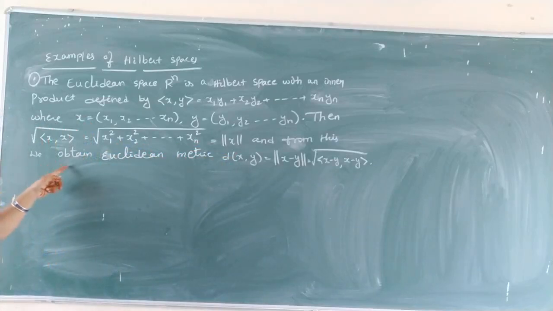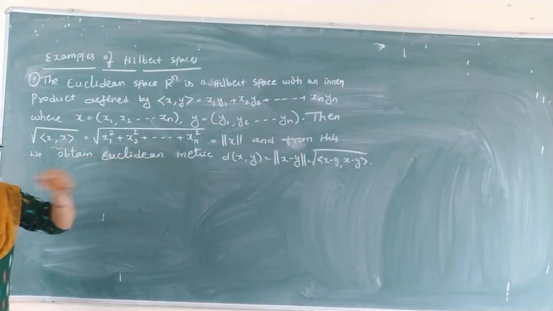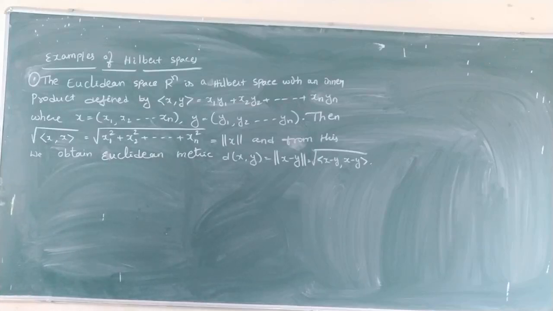From this we also obtain the Euclidean metric d of x comma y, that is, the norm of x minus y, which is equal to the root of the inner product of x minus y comma x minus y.